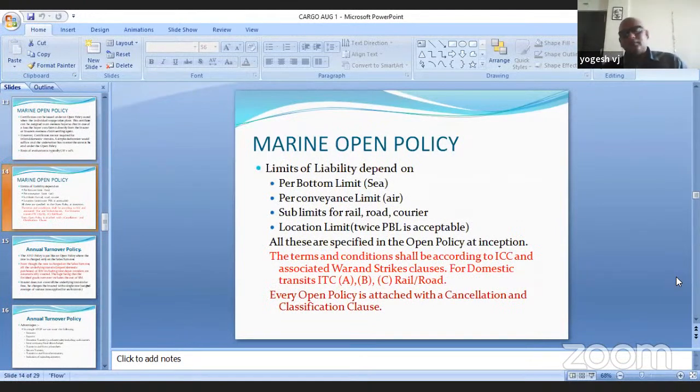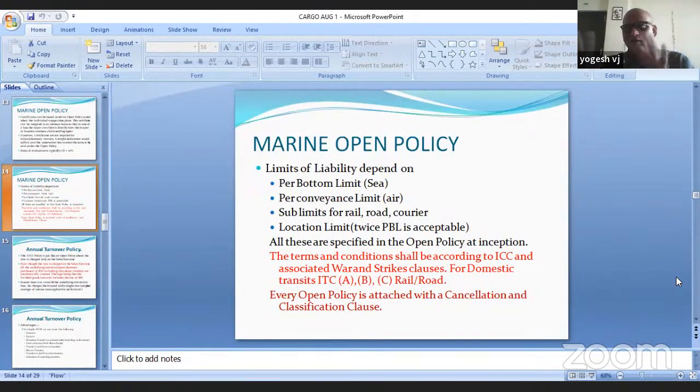Now, you might be knowing this because you might have done marine insurance underwriting, that there is something called per conveyance limit, and there is something called per bottom limit. When I say per bottom limit, it means the limit of sum insured that a vessel can carry in one single journey. It is simple that if it exceeds 50 crores, it requires reinsurance.